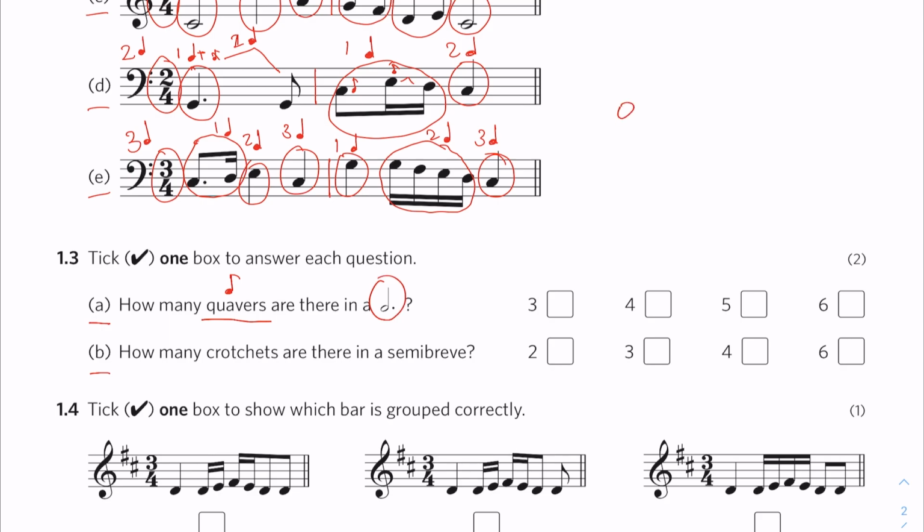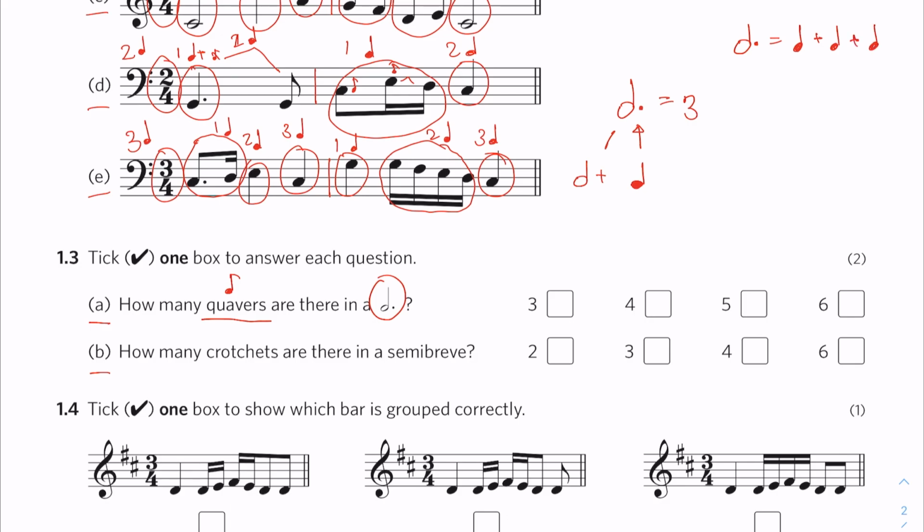So dotted minim equals to, if I explain it clearly, this is a minim plus the dot is a half of a minim, right? So a half of 2 is 1, which is represented by a crotchet. So basically this is 3 beats. In 3 beats, we have 1 crotchet, 2 crotchet, 3 crotchet, right?